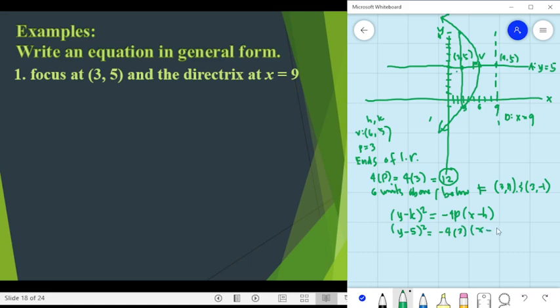x minus 6. Okay, so simplifying this one, when we have quantity y minus 5 squared, the first term is y squared, then multiplying y times negative 5 times 2 is negative 10y, then square the negative 5, so negative 5 times negative 5 is positive 25, which is equal to negative 12 quantity x minus h, x minus 6.